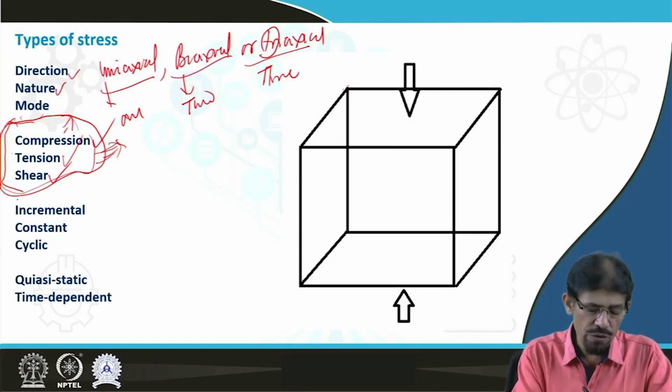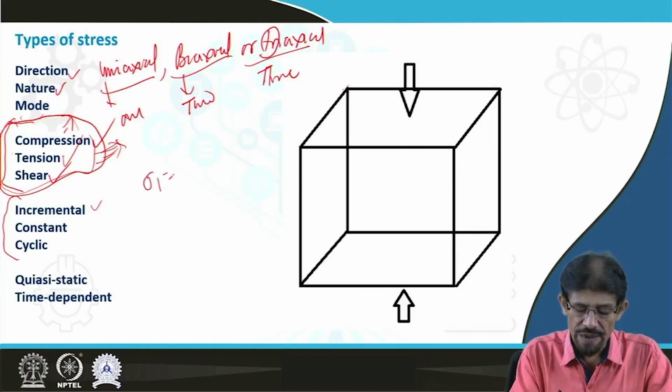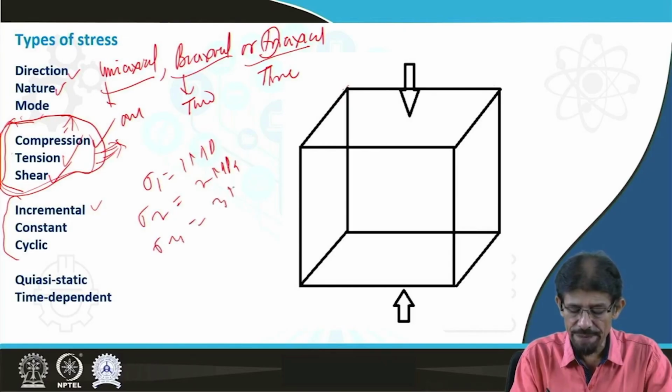If we are going to see this stress, it may be incremental, meaning continuous. Suppose the stress sigma 1 is 1 MPa, next time sigma 2 is 2 MPa, sigma 3 is 3 MPa.